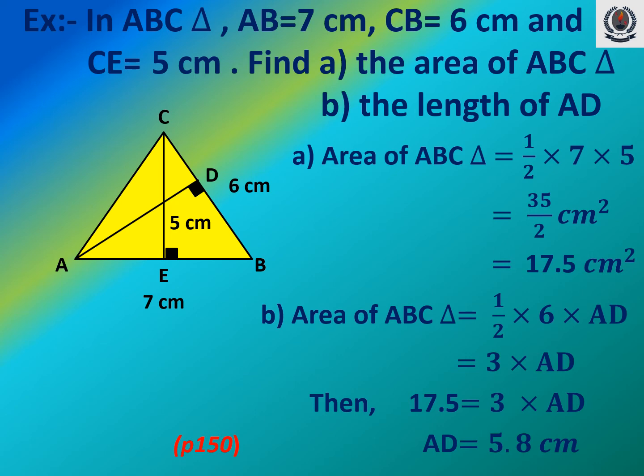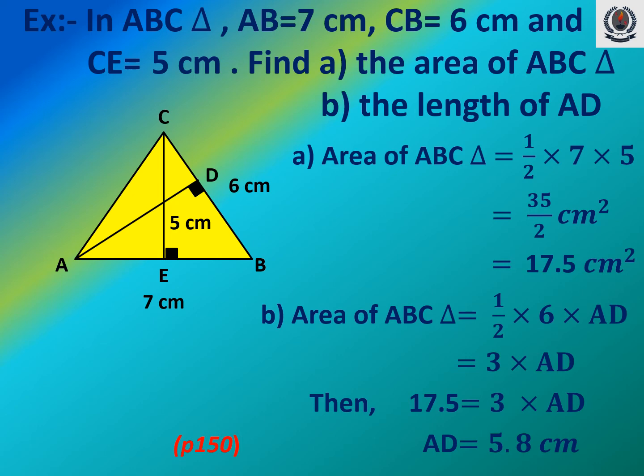Example: in triangle ABC, AB equals 7 cm, CB equals 6 cm and CE equals 5 cm. Find the area of triangle ABC.